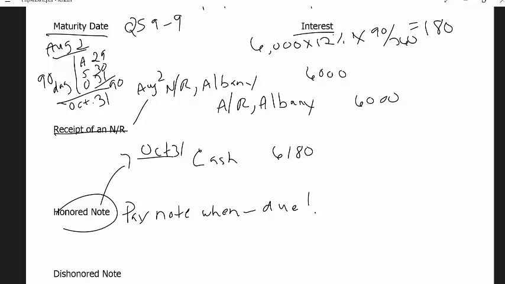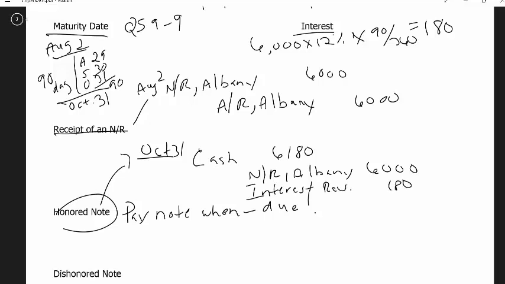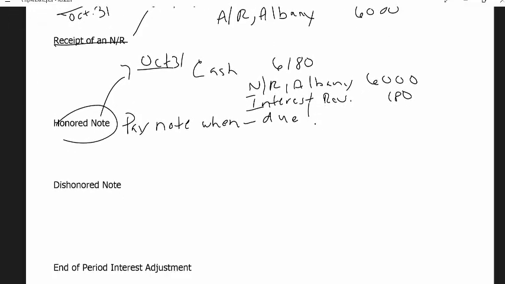I'm going to receive the $6,000 plus the $180 worth of interest. And then I want to get rid of the note receivable because they don't owe me anymore. So I originally debited notes receivable, and now I want to credit it. And then I want to recognize that I've earned interest revenue of $180. So that would be my entry if the customer honors the note.